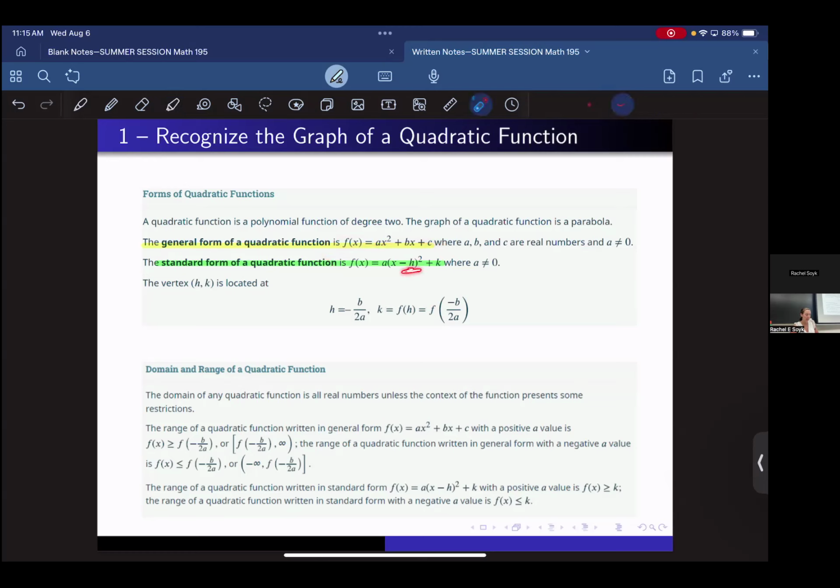It's again your h comma k values. And then last but not least, your h is another way of stating your axis of symmetry, which can be found by computing negative b over 2a from your general quadratic formula. So all of these are very, very useful.